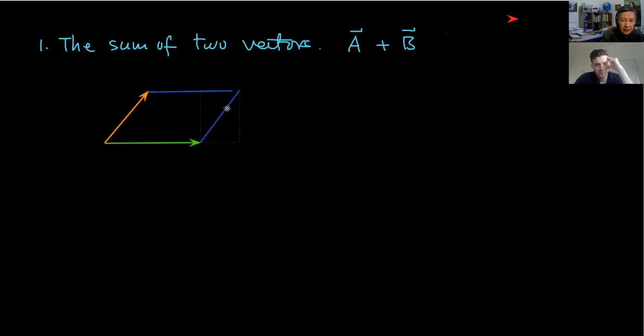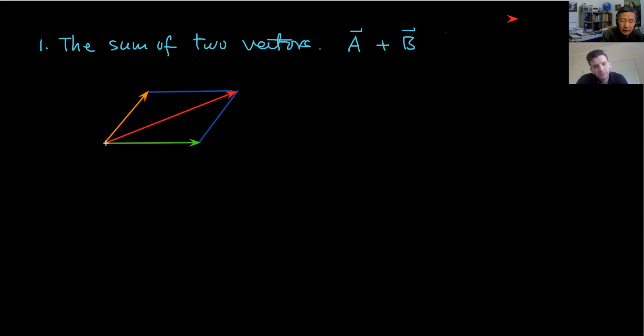Can you see? Yes. Then the sum is the diagonal from the common tail. Perhaps using an arrow is better.